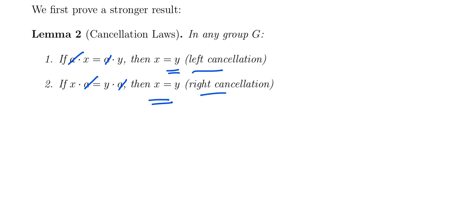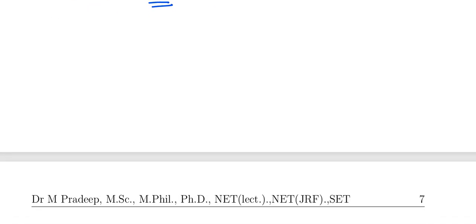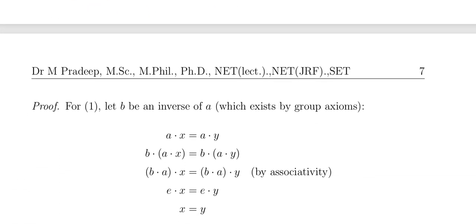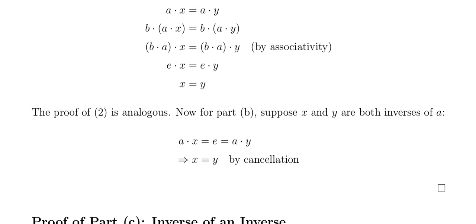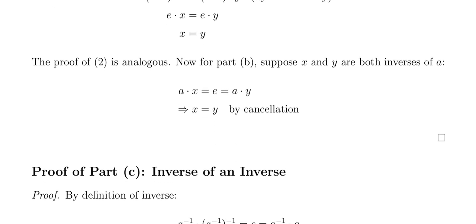When we use the left cancellation and right cancellation, we get a simple proof for the inverse. For the inverse also, we choose two different inverses X and Y, both inverses of A. If we choose two different inverses for A, what is the conclusion?